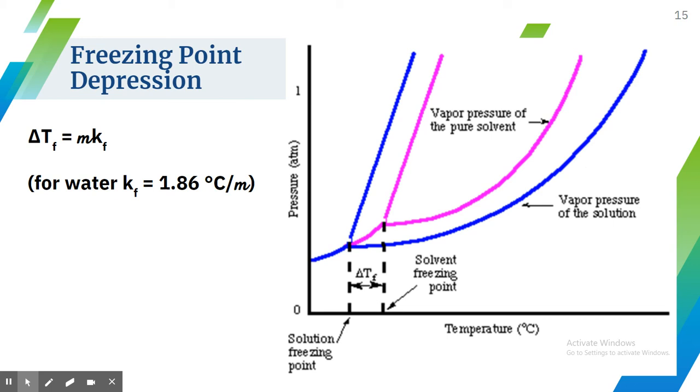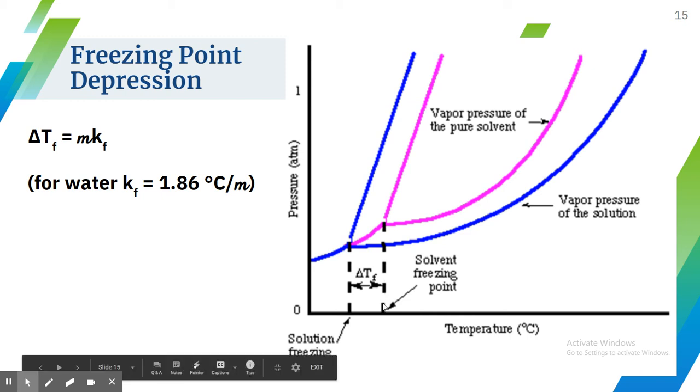When you first glance at this graph, it seems like it might be overwhelming. When we're talking about freezing point depression, you know that water freezes at 0 Celsius. So if I find that on the graph, it would be this point right here on the pink line, 0 Celsius.